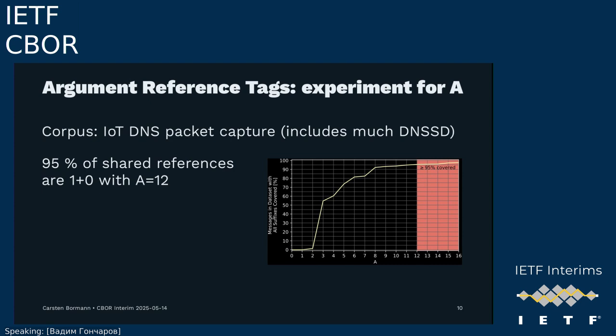How many percent of them would benefit if we gave some more, even more than 16, for example 20? Well, we don't have that many. We would completely use up the simple references that can represent it in 1 byte.